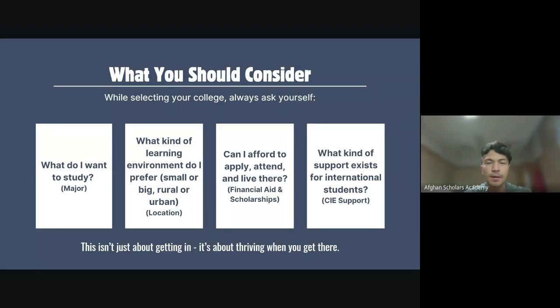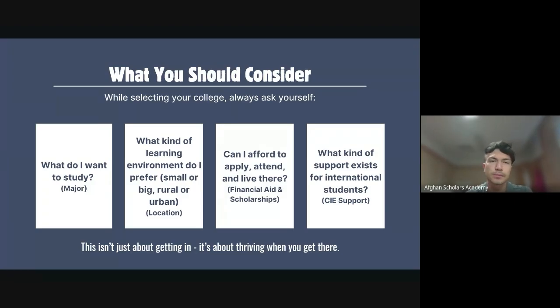And in the end, I wrote here: this is not just about getting in. It's about going there and thriving and growing when you get there. I don't want you to go somewhere you feel stress, somewhere you don't feel comfortable, somewhere you're required to do a lot or to pay a lot, but you don't get a lot out of it.